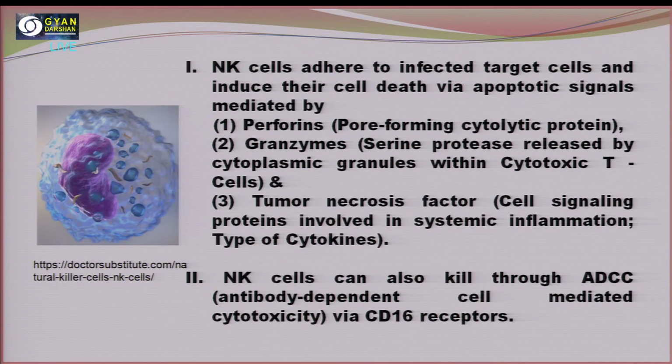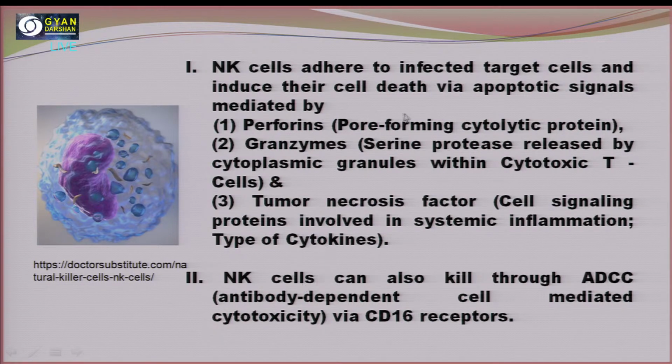NK cells adhere to infected target cells and induce their cell death by apoptotic signals mediated by perforin. Basically NK cells kill pathogens with the help of apoptotic signals. The various apoptotic signals are perforins, granzymes, and tumor necrosis factors.